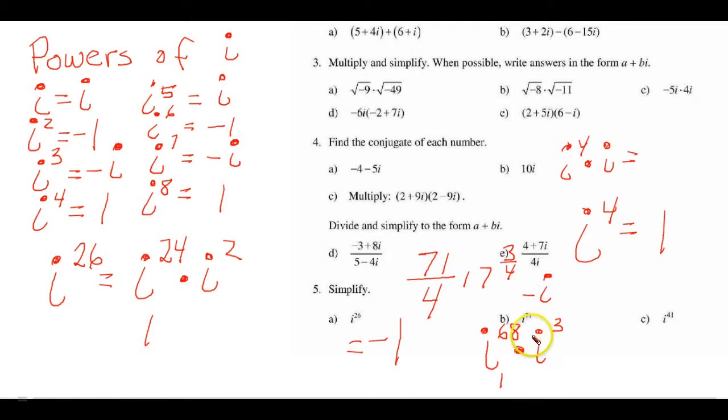Now here we have i to the 41st. Well, i to the 40th is divisible by 4 times i, and we said any exponent divisible by 4 is going to be a 1. i to the 4th 10 times, which is 1 10 times, and you're left with just an i.